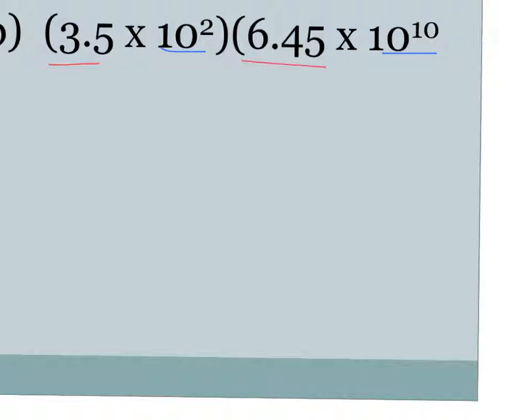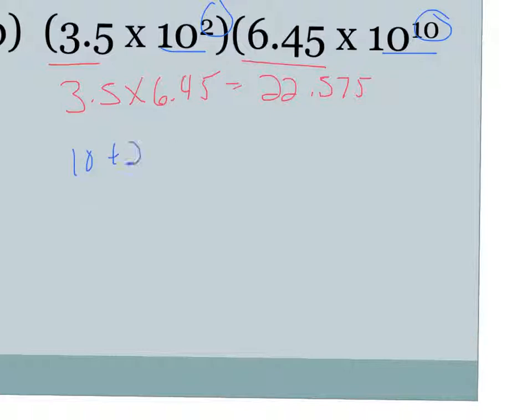With the numbers before, we have 3.5 times 6.45, which equals 22.575. Next, working with the exponents, I have a 2 and a 10. And since these are being multiplied, I'm really going to add the exponents. So 10 plus 2 equals 12.